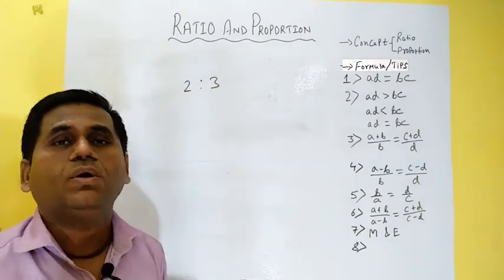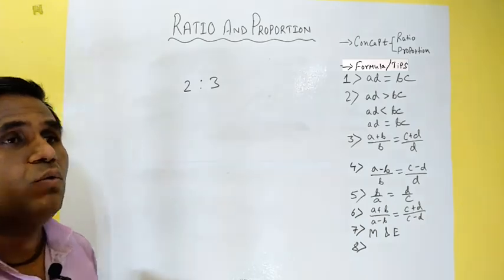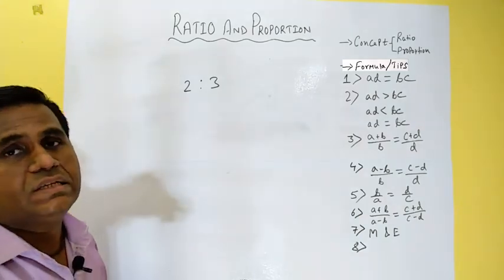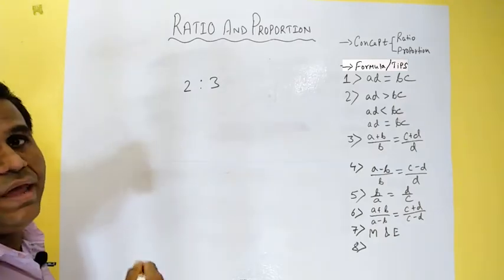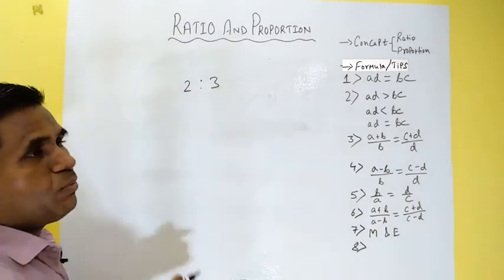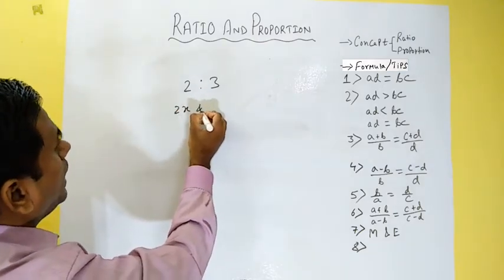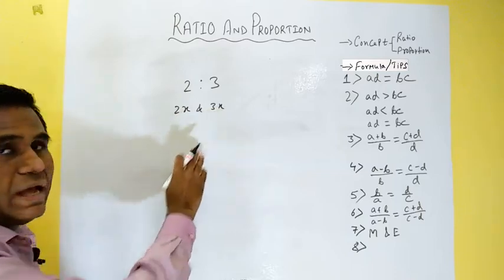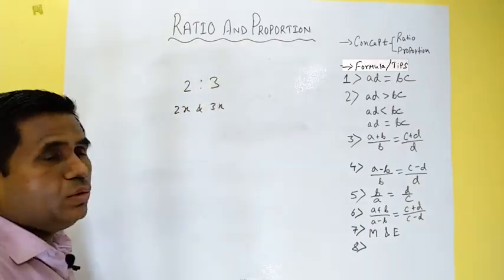While deriving the ratio, we cancel the common factor. We don't know the common factor in this case, so we assume x is a common factor, and when we multiply x to both the numbers, we get the actual value. So 2x and 3x are the actual values for which the ratio is 2:3.